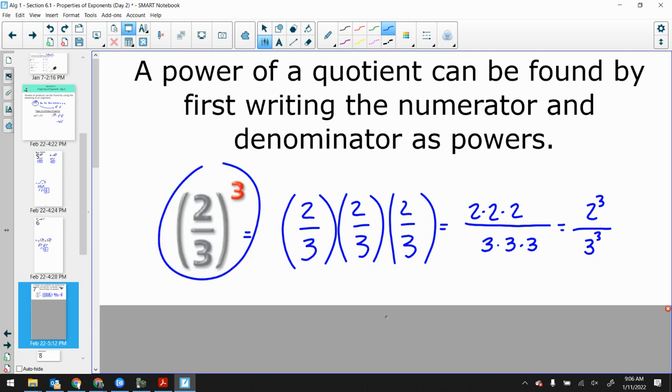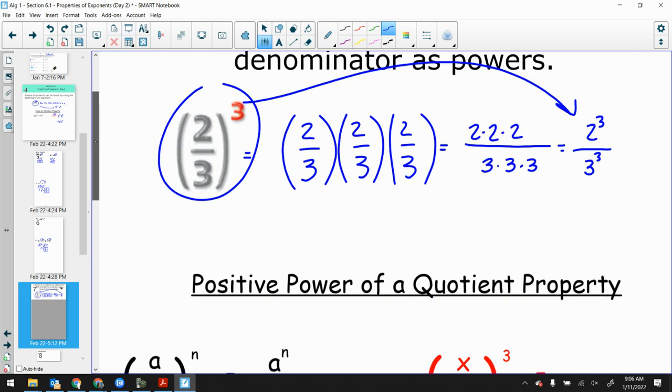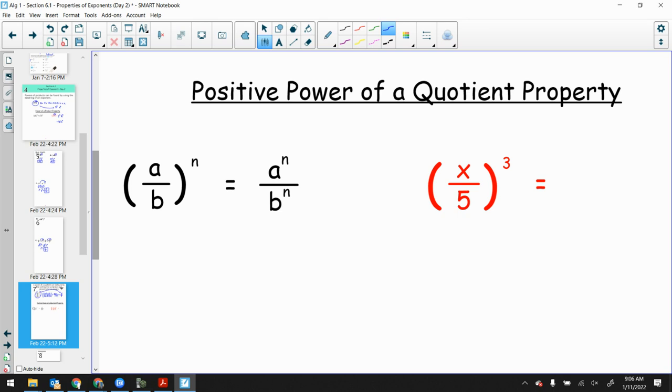What do I do to go from here to here? Same thing. Basically just distribute that power to every piece. Every piece in the numerator and denominator. So if you have a over b to the nth power, it's a to the n divided by b to the n.